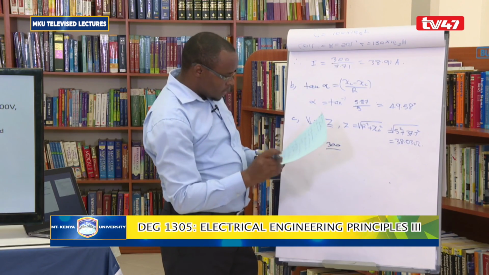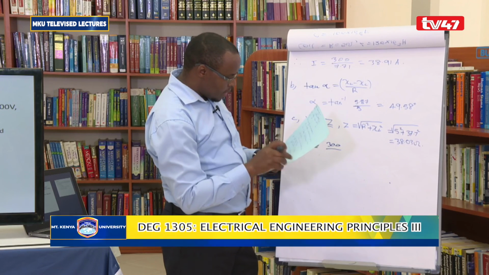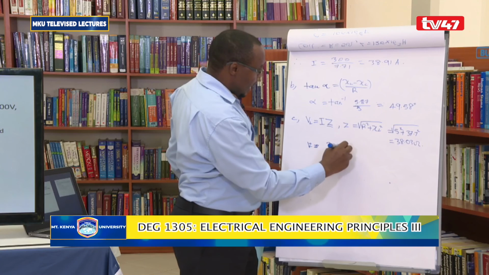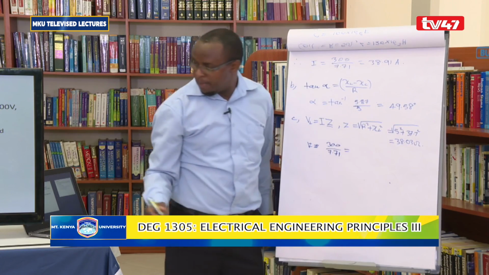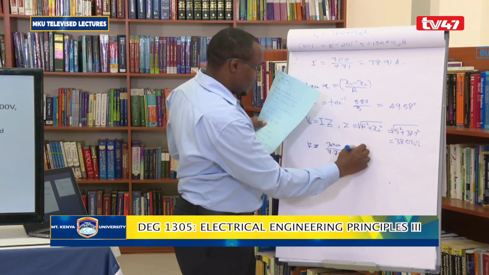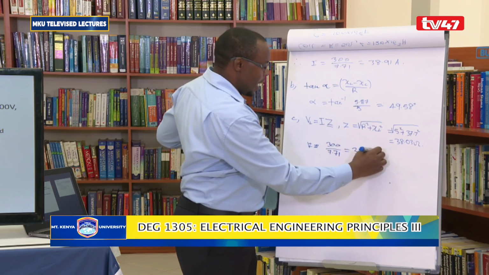The total impedance gave us 7.71, and we found the current in the first part. The current in the first part was 38.91 amperes.